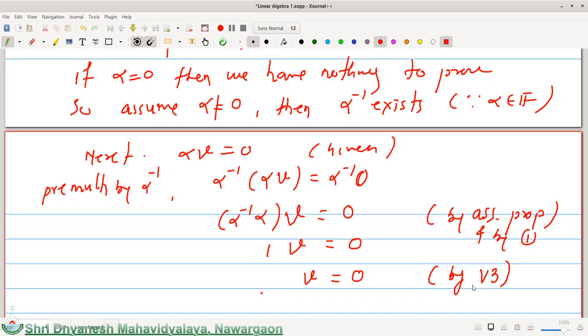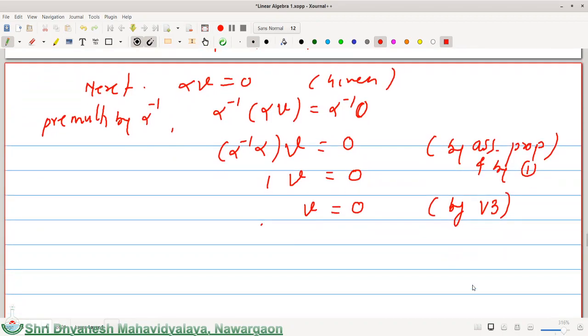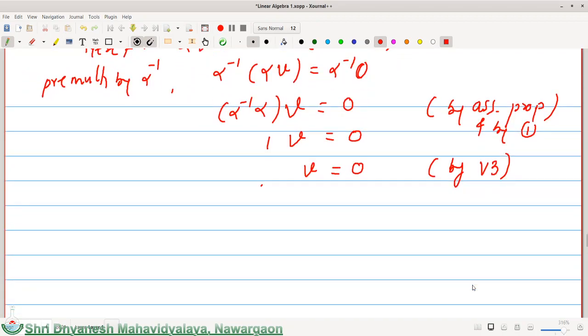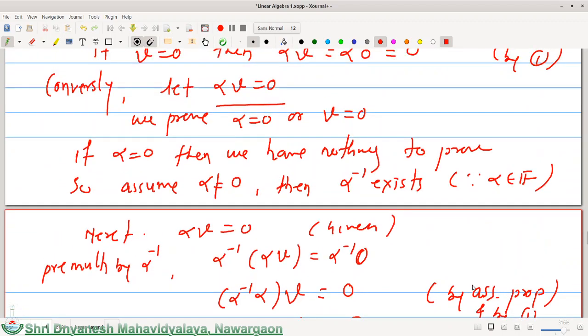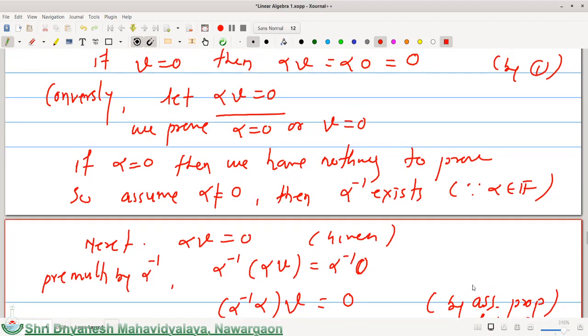Because in v3 we have 4 points, we didn't prove those four, as it's a definition. So where we started, we started assuming alpha is non-zero.